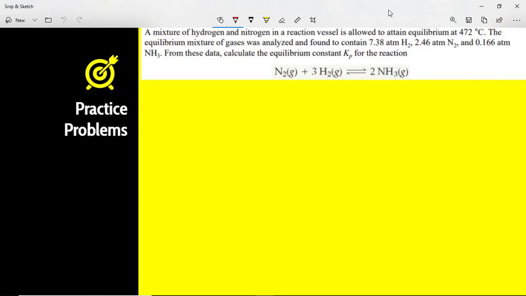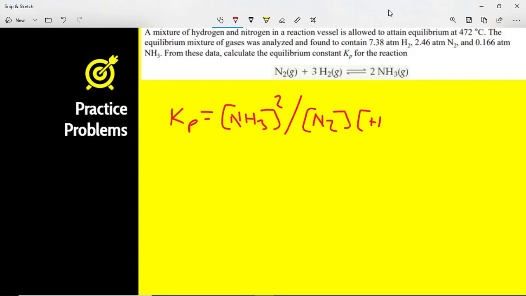So we're going to start with Kp, and we're going to set that equal to the concentration of NH3 squared over concentration of N2 times H2 cubed.